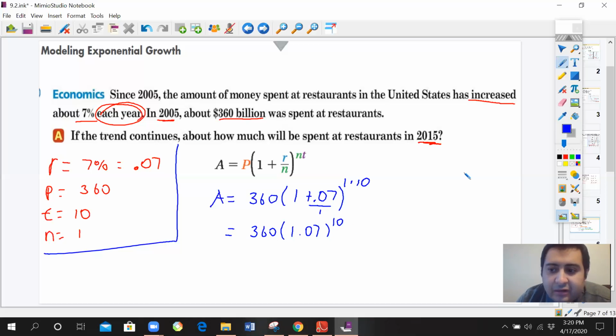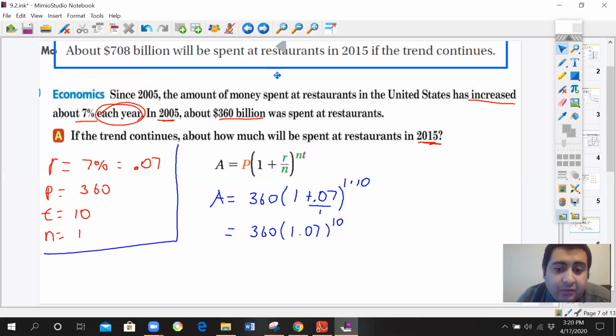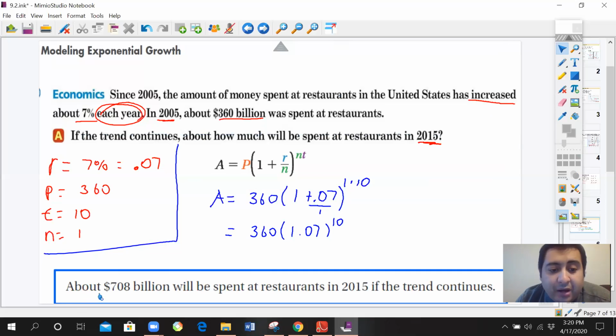And once you input this in the calculator, you're going to get about 708 billion that will be spent at restaurants in 2015 if the trend continues. So basically that's all you're doing. You're just labeling the information and you plug it into the formula. It takes a little bit of time to remember this formula, but it's not too hard. It's not too complicated.